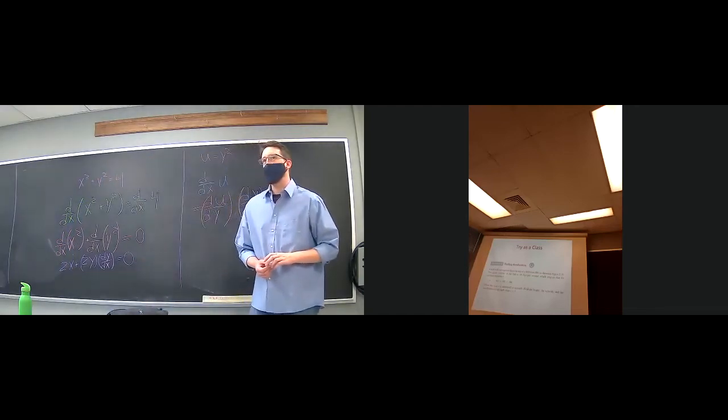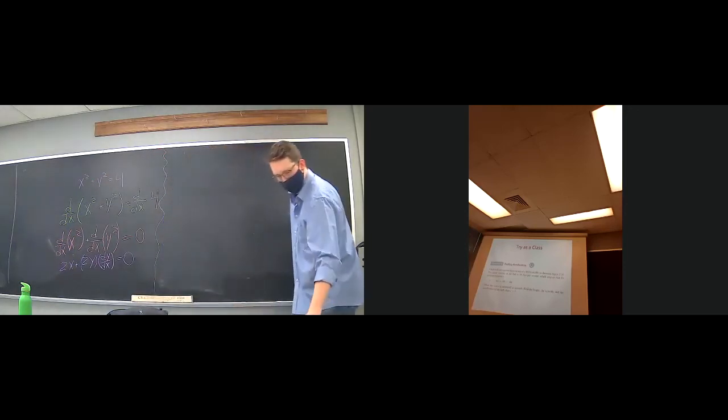So this is what we're going to get. All right, so rewriting this. 2x plus 2y dy dx is equal to 0.